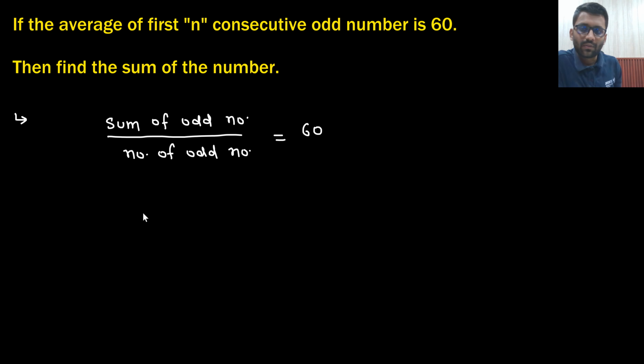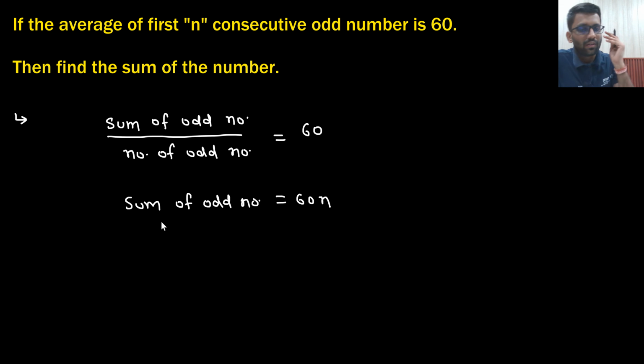Find the sum of odd numbers. The sum of odd numbers divided by the number of odd numbers, n. So the sum of odd numbers is given as 60n.